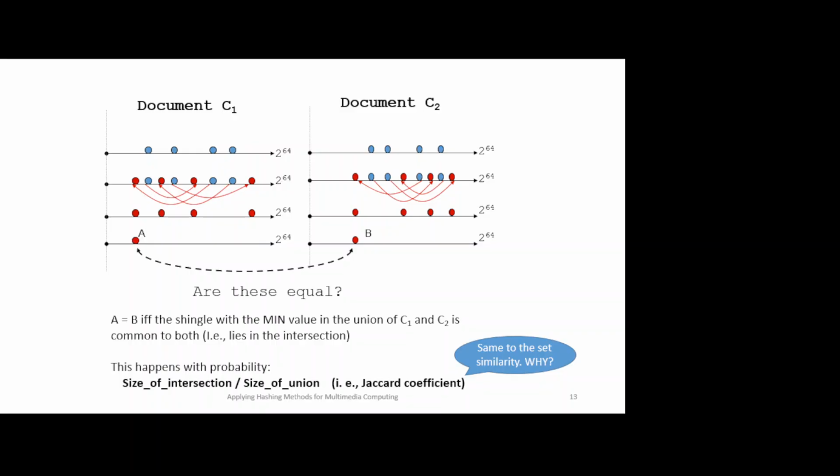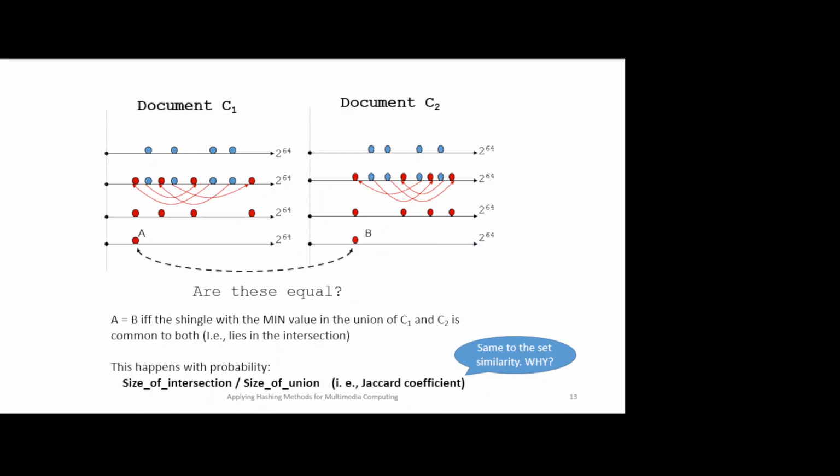For document 1 and document 2, we get two min hash values, A and B.